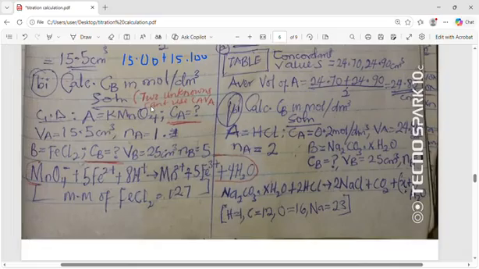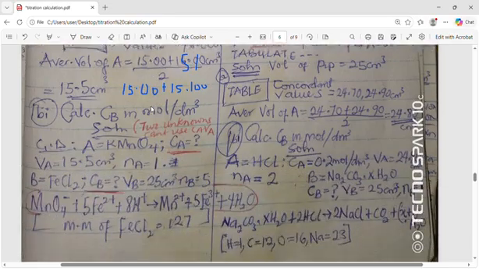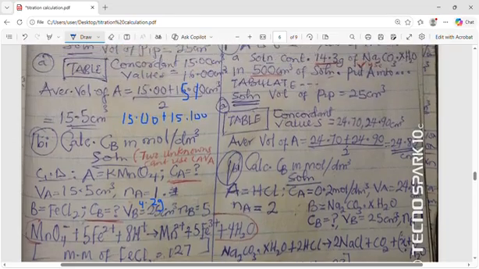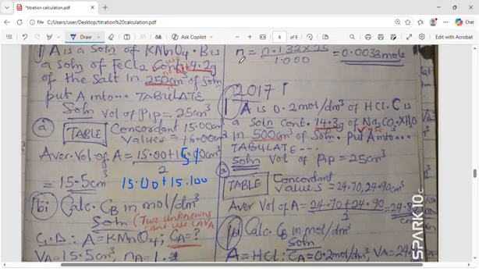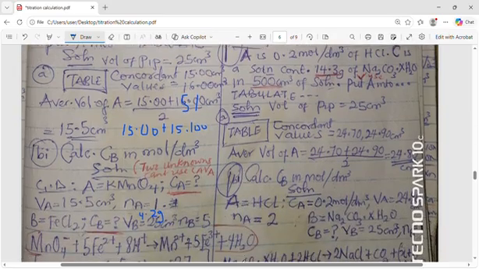So let me write it out here: 4.2 grams in 250 cm cube.